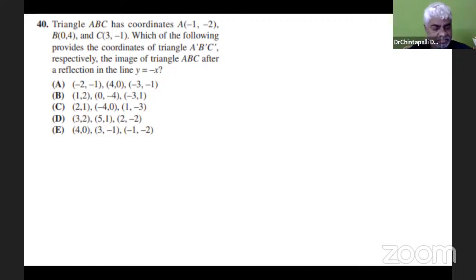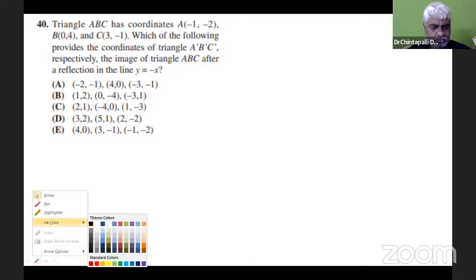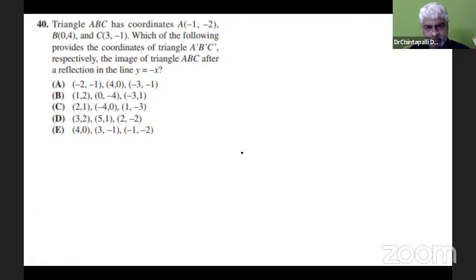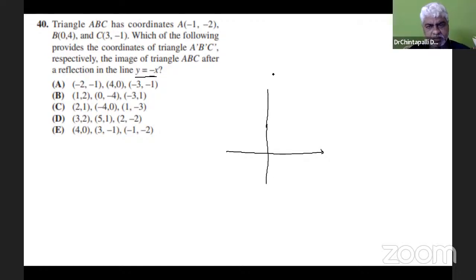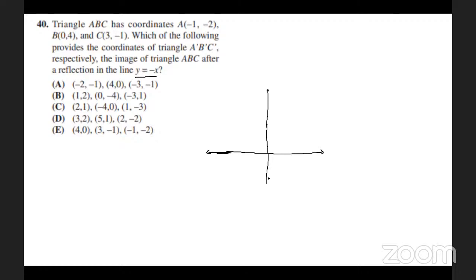In a graph, you know what the graph of y is equal to x is? Instead of y is equal to minus x, let us use y is equal to x. Linear equation, straight line. Very good. y is equal to x means both the x coordinates and y coordinates are equal, right?